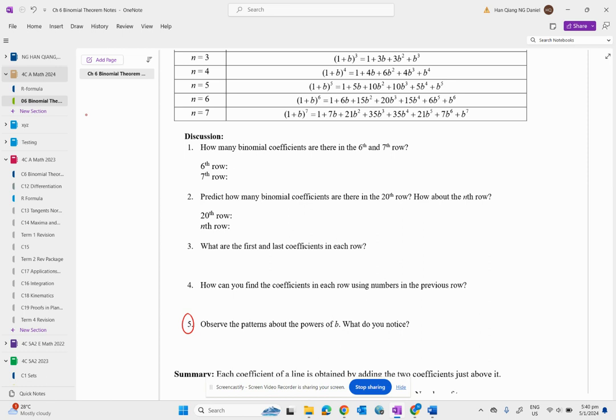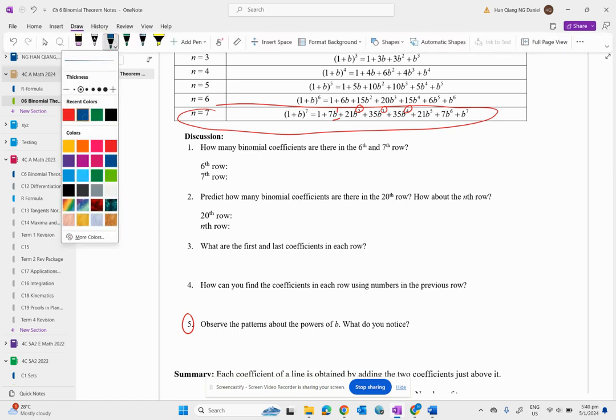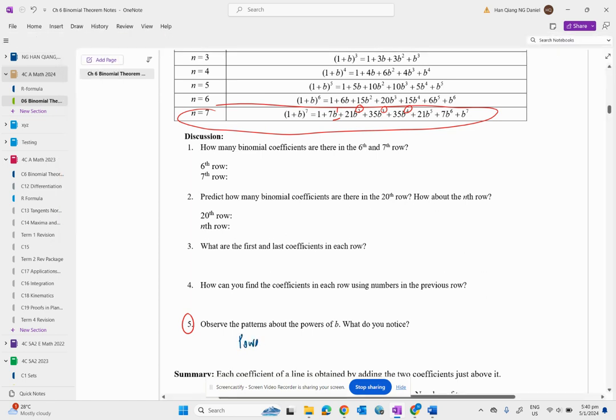Let's focus on one row, or let's say the last row. What do you notice? Yes, that's right. Do you notice that the power b power 1, b power 2, b power 3, b power 4? So the numbers are increasing. So the powers of b are in ascending order.